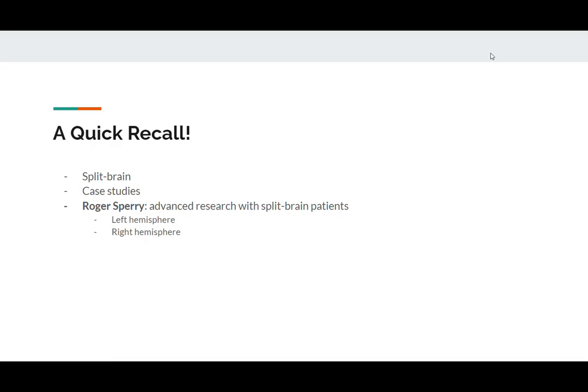One of the scientists who advanced the research of split brain patients was Roger Sperry, and he was able to gain insight about each hemisphere of the brain. So we have the left and right hemisphere. The left hemisphere controls the right hand, spoken language, written language, mathematical and logical thought processes, analysis and reading.